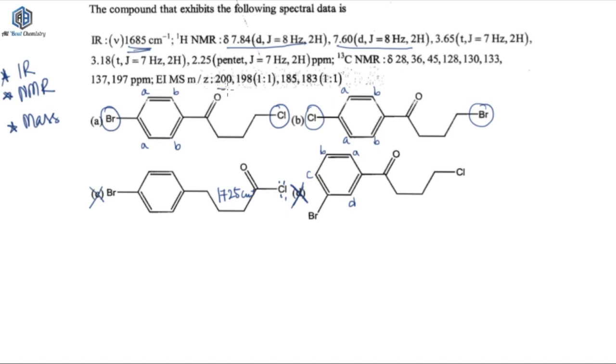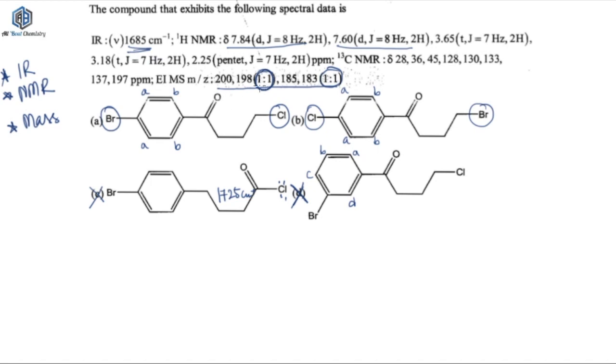So this is the mass data provided to you. Now if you look at the mass data, the first thing you should go with is the peak ratio, the relative abundance of the isotopes. So you have a peak ratio of 1 to 1.